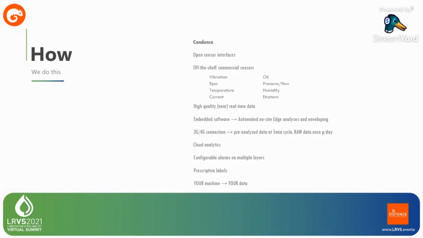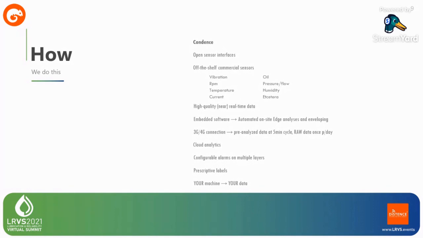This data is automatically analyzed and enveloped on-site in an edge terminal with embedded software and is then sent to the cloud via 3G or 4G at 5-minute intervals, where alarms can be configured and prescriptive labels can be added.